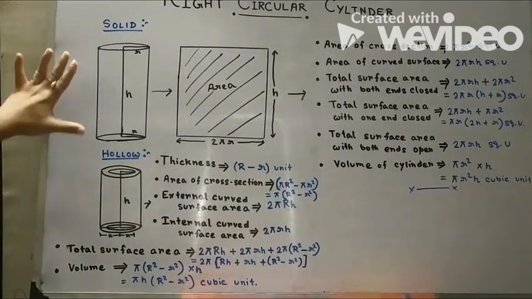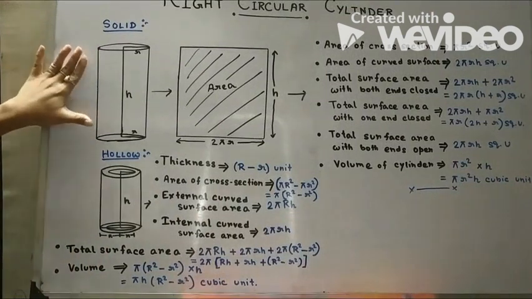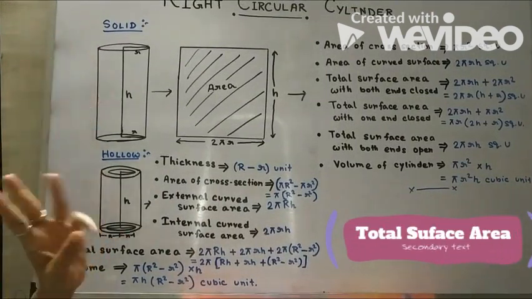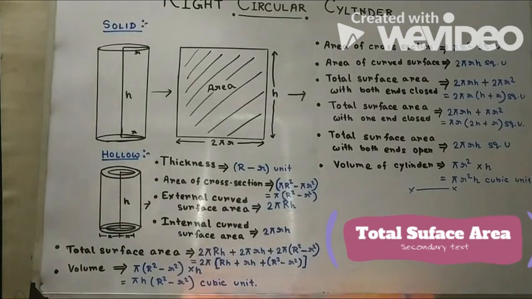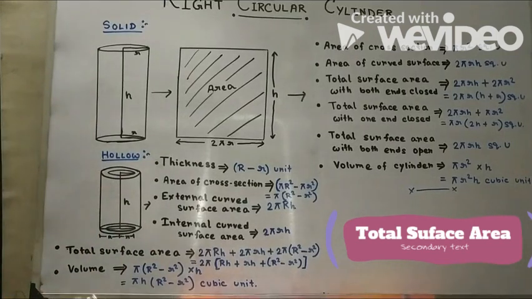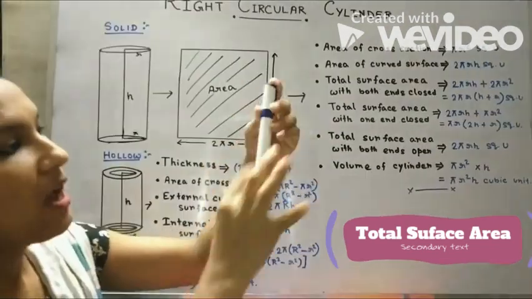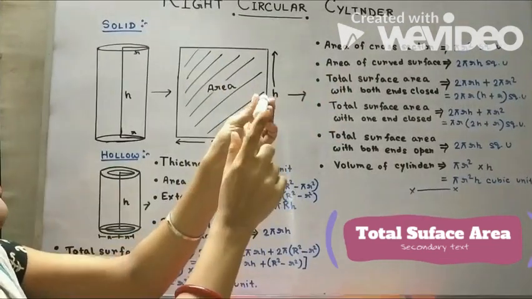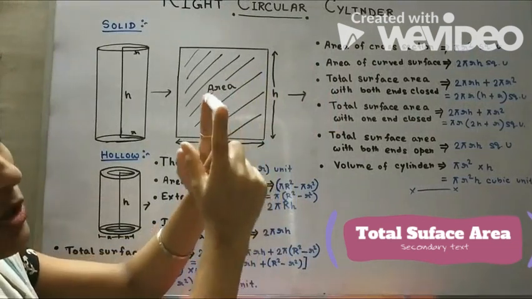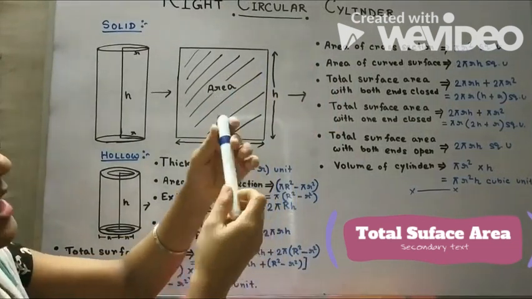Cylinders may be of three types. This is a solid cylinder. As you can see, this is a cylindrical shaped pen, and it has both ends closed.